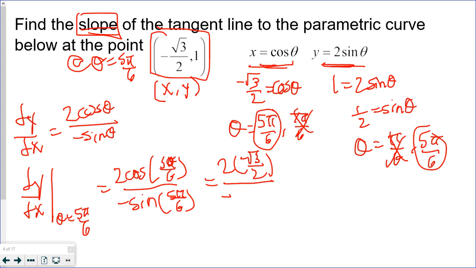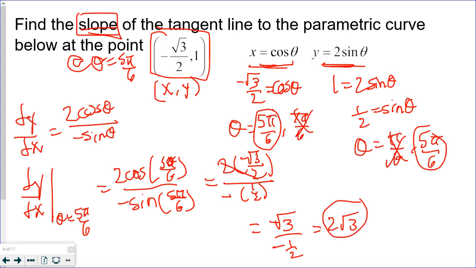I believe that is going to be 1/2. The 2's can cancel, and I'm left with negative root 3 over negative 1/2, which reduces to 2 root 3. So the slope at that point is 2 root 3.